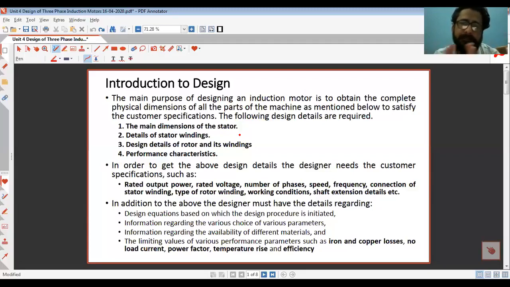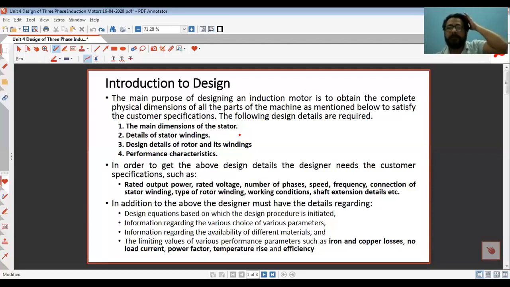So there has to be a trade-off between the quality of the material used and the cost, and the performance of the machine should not be sacrificed for this.